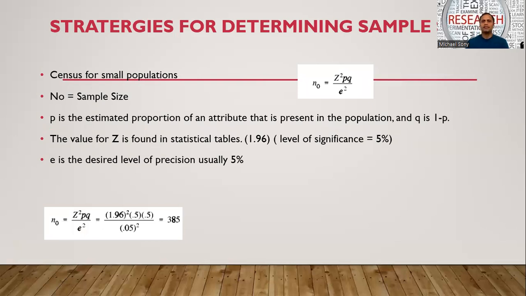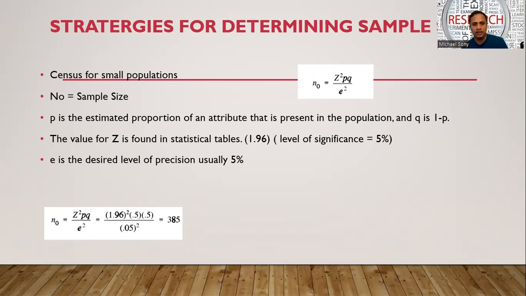The sample size is estimated with the formula n0 equals z squared pq by e squared. In this, the z value corresponds to the statistical value from the normal distribution when the level of significance equals 5%.